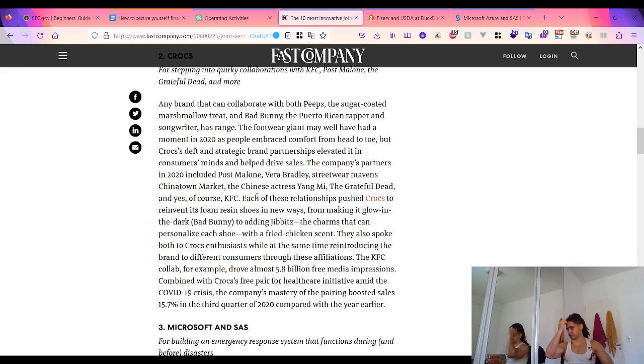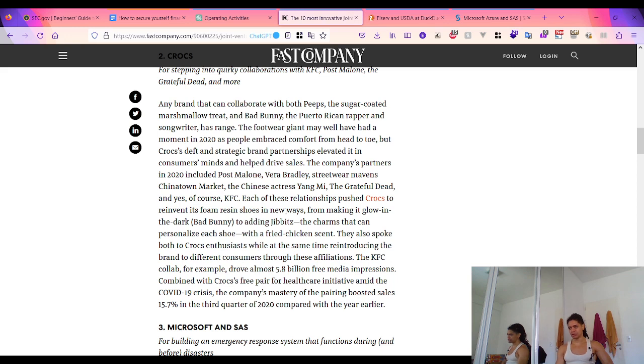Resin shoes in new ways, from making it glow in the dark with Bad Bunny, to adding Jibbitz, the charms that can personalize each shoe, with a fried chicken scent. Oh my god. Oh, okay, with a fried chicken scent. They also spoke to Croc enthusiasts while at the same time reintroducing the brand to a different consumer through this affiliation.